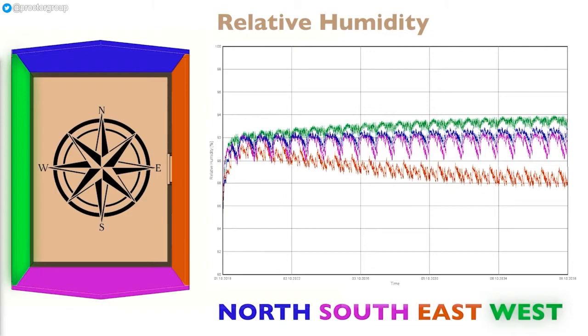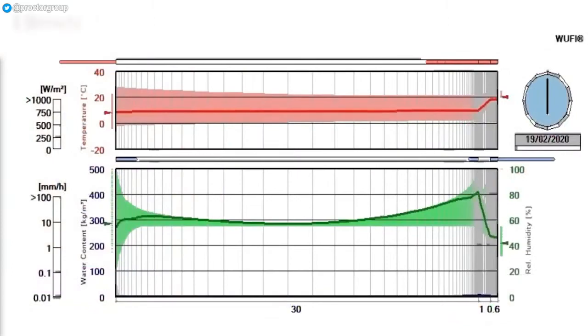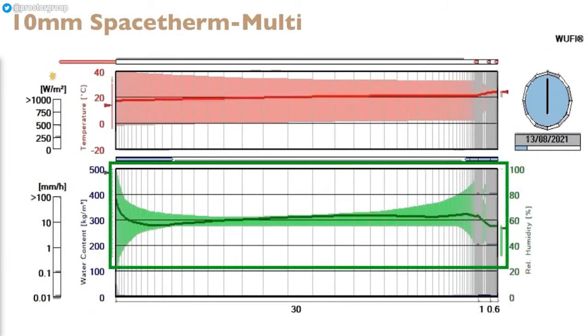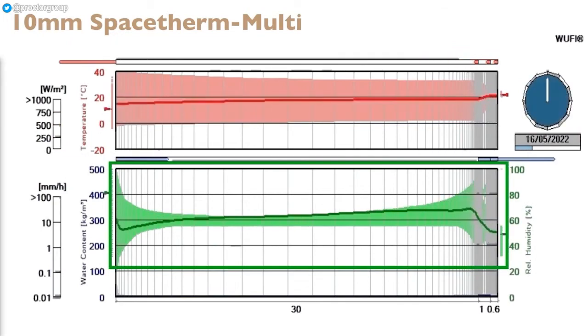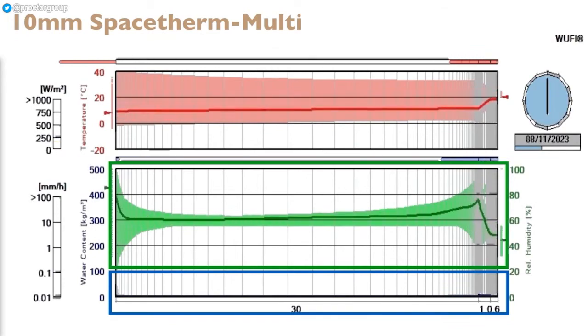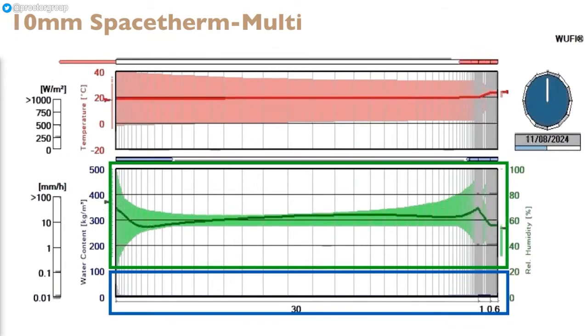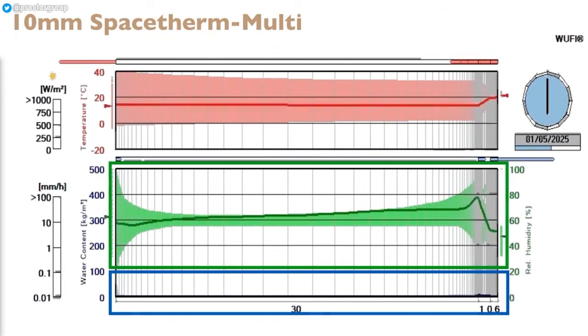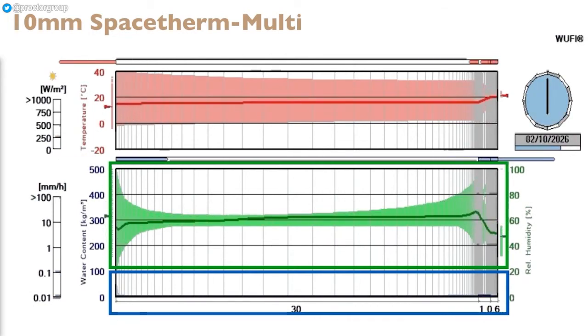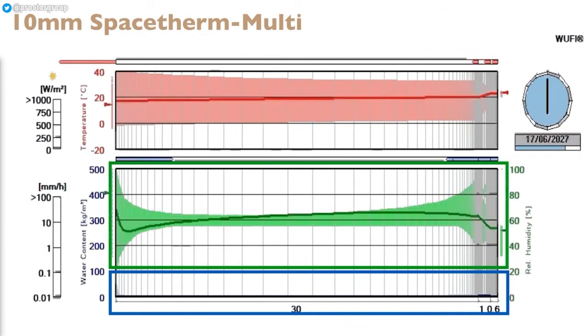construction itself. Here we can see the results of the modelling on the first case, 10mm of aerogel on a Spacetherm multi-board. The green line on the lower graph shows the relative humidity through the wall, and the blue line shows the moisture accumulation. In this, although both are higher than would be the case for a more modern wall construction, such as a cavity wall or timber frame, the moisture content is not increasing year on year.